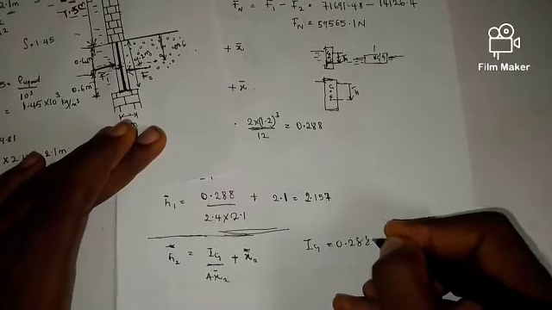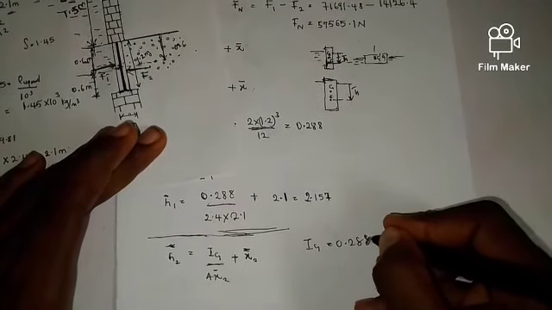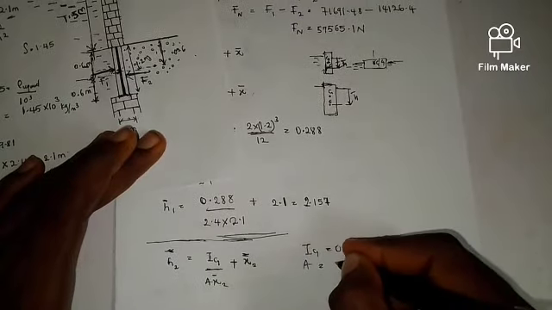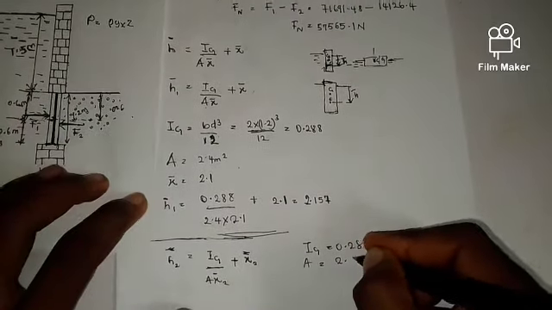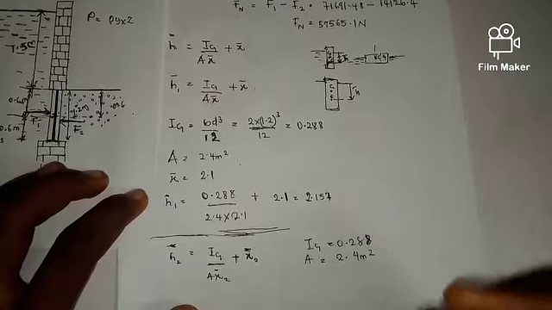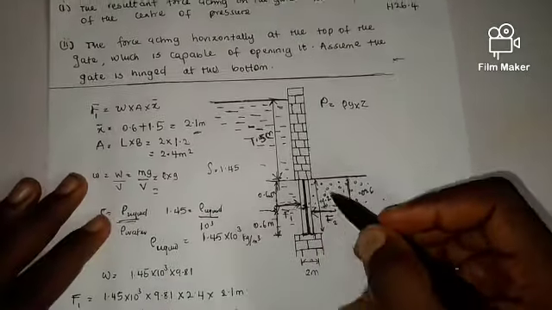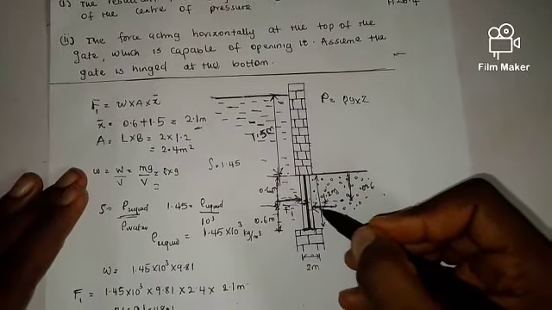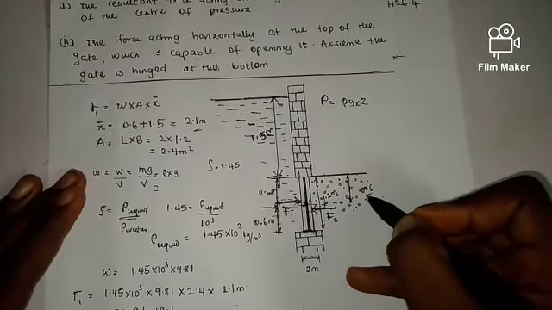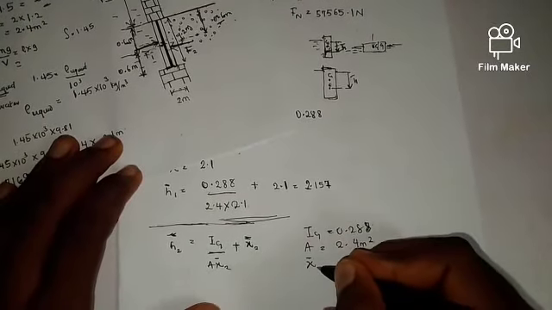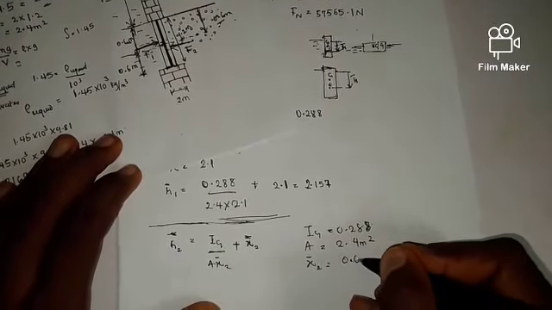0.88. And the area of my gate, remember we calculated as 2.4 meters squared, and my depth from the surface of the liquid to the center of the gate, which we calculated as 0.6 meter. So we have my depth X bar 2 equals 0.6 meter.